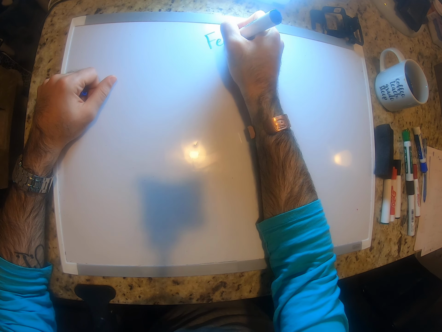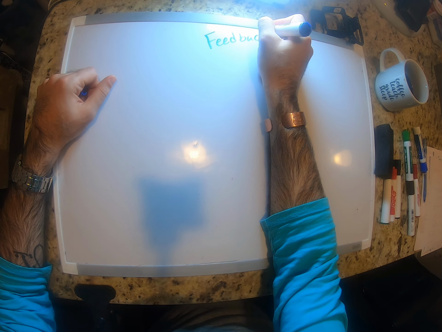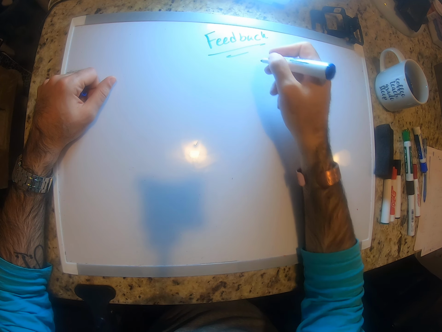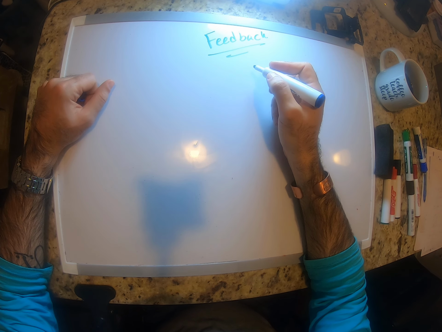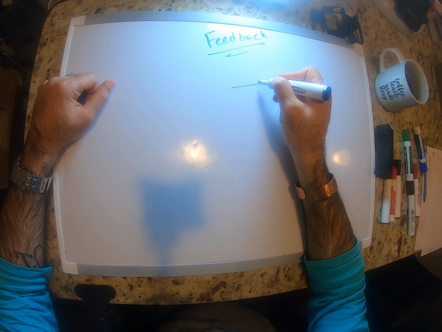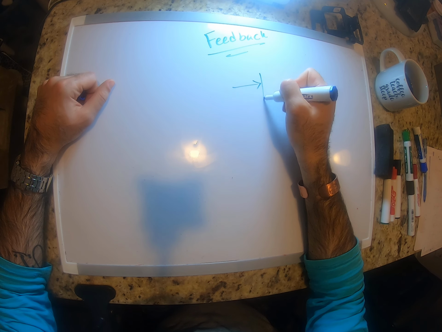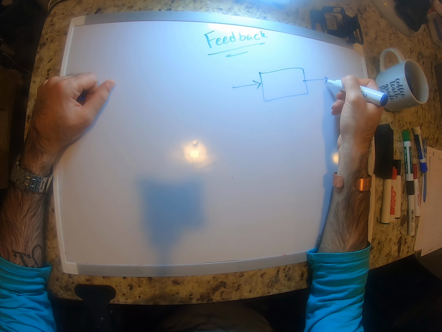The next concept we want to talk about is the concept of feedback. Okay, so many systems are open loop, meaning that you give an input and you get an output.